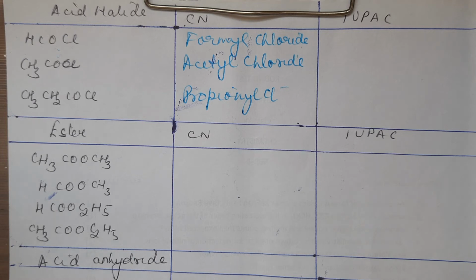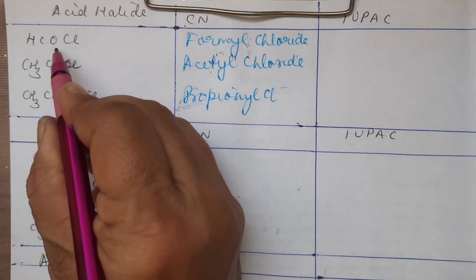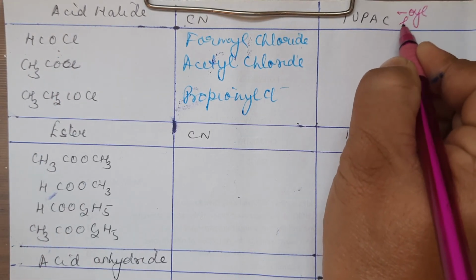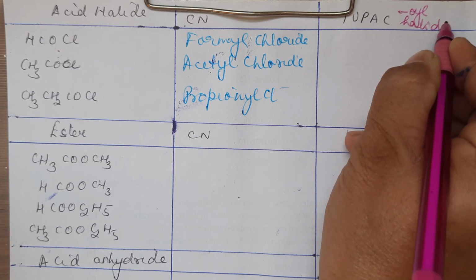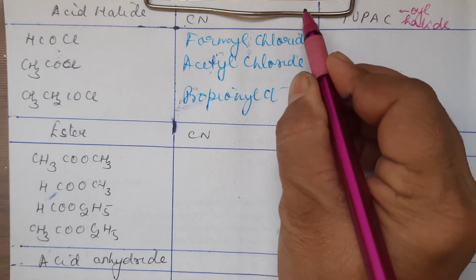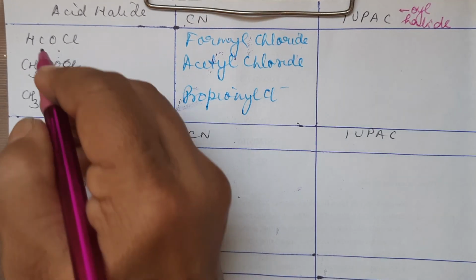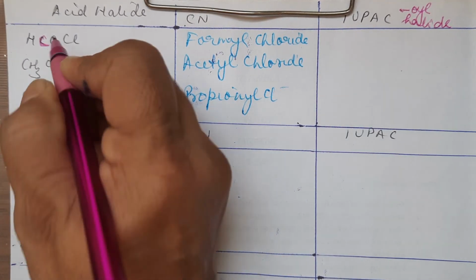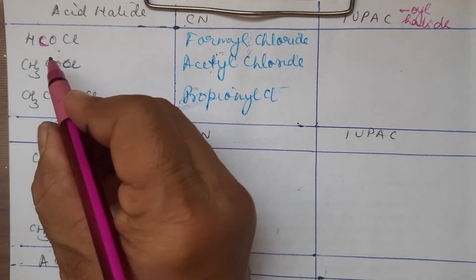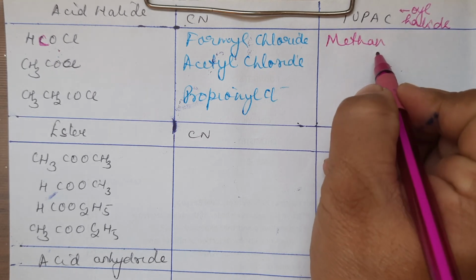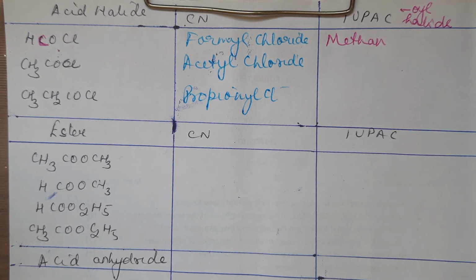Now, how do you give the IUPAC name to them? For the IUPAC name, you have to write the suffix oyl halide. That means alkane will be there and oyl halide you are going to write. The carbon of the functional group also you have to count. So there is one carbon atom, meth. Single bonds, ane. Single bond means I am counting the bonds between carbon atoms, not carbon and oxygen.